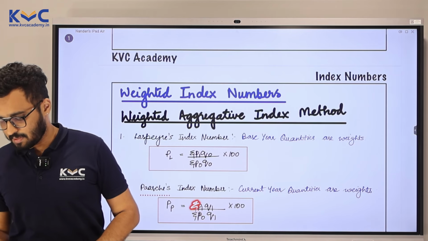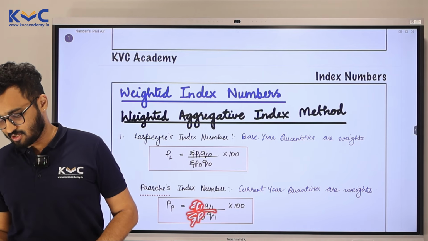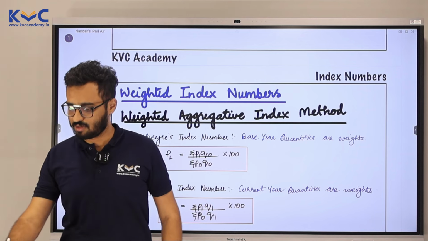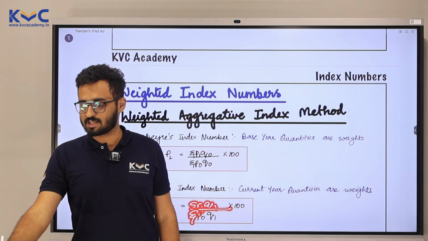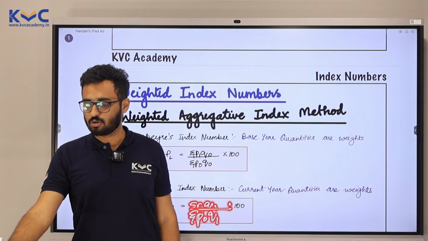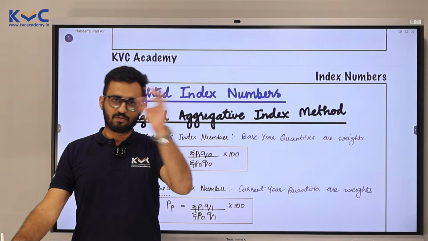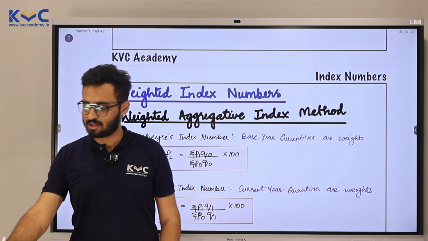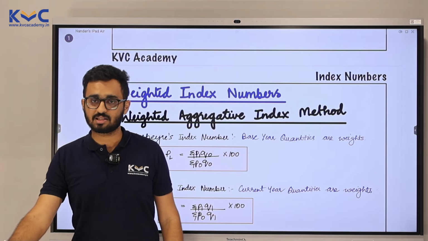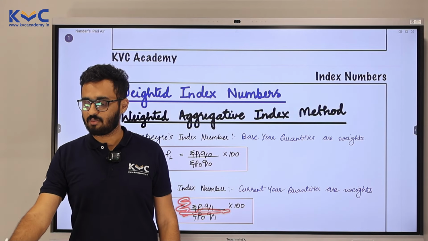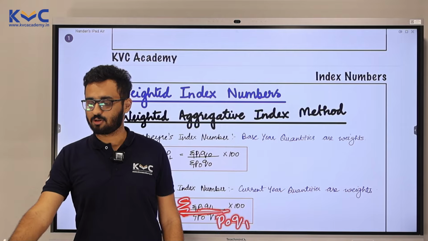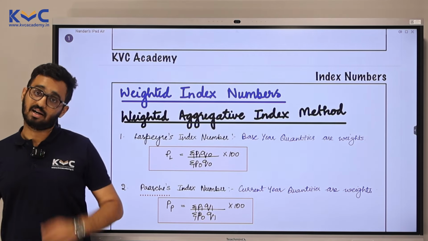So the summation P1 divided by summation P0 will remain, but this time it will be summation of P1 into Q1 divided by summation of P0 into Q1. So you will take price of each of the commodity, multiply it with their current year quantities, you will get P1 into Q1 summation of that divided by, on the other end, P0 into Q1 summation of that into 100.